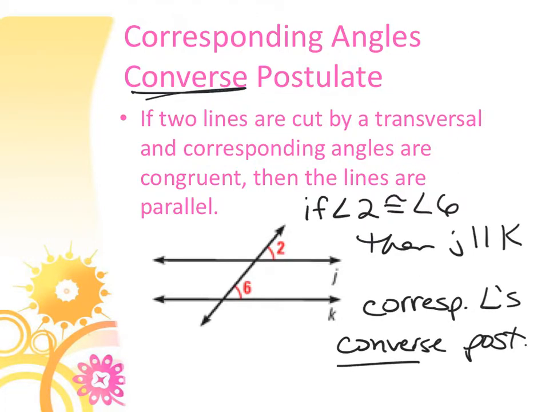That's what we're using to prove the lines parallel. So for each one of the theorems and this one postulate that we learned yesterday, we're going to learn a converse today. Yesterday we learned how to prove them congruent or supplementary. Today, if they're given to us as congruent or a pair of supplements, we can prove lines parallel.